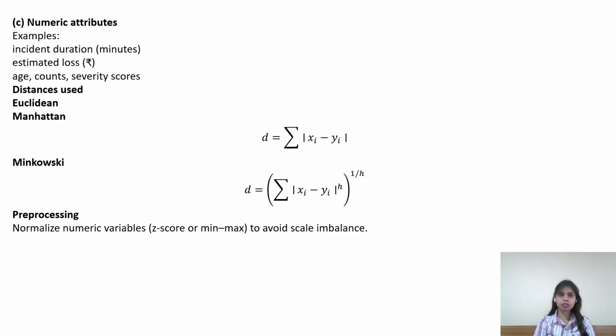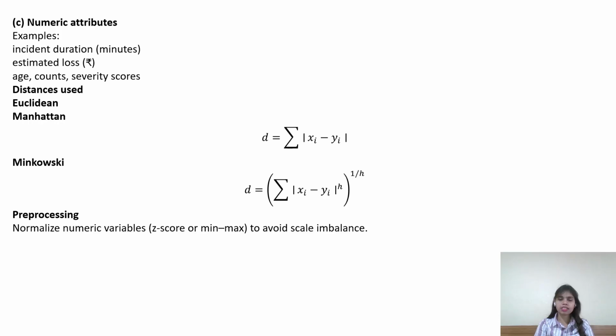C. Numeric attributes. Example: incident duration, estimated loss, age, counts, severity scores. Distance used: Manhattan. Preprocessing: normalization, z-score or min-max, to avoid scale imbalance. d equals sum of absolute xi minus yi.